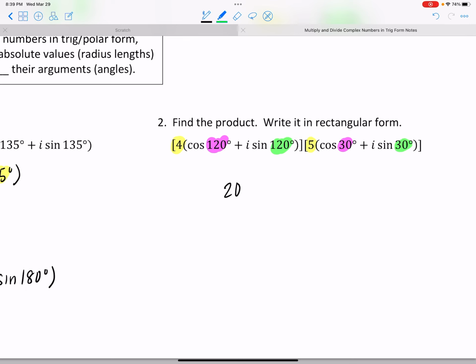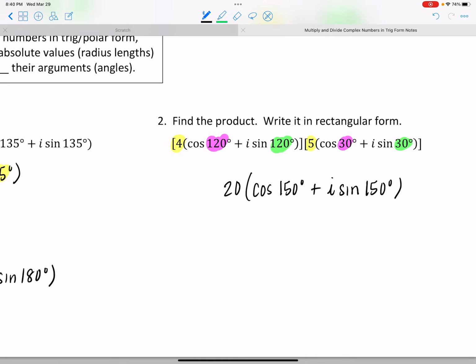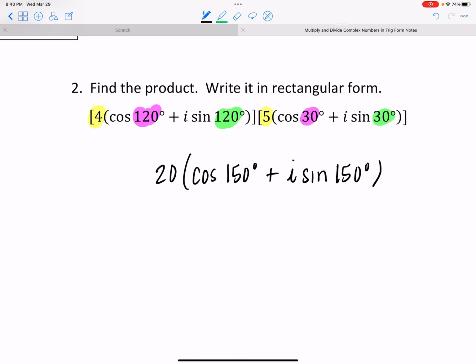The 120 plus the 30 means we're going to be looking at 20 times the cosine of 150 altogether, plus i times the sine of 150 again. Okay, so if you like to condense it and then multiply and add, you can. If you don't need to do that, you can see it from this form. It's totally fine. So here's our polar form of the product.